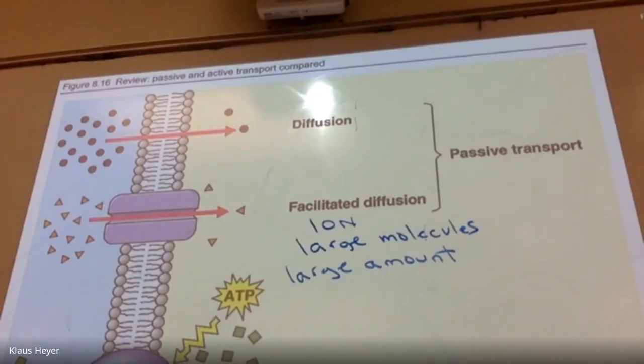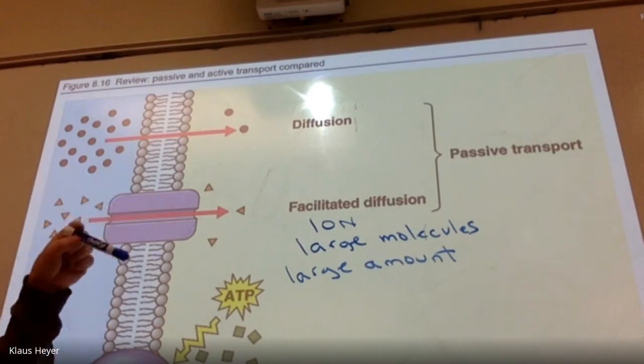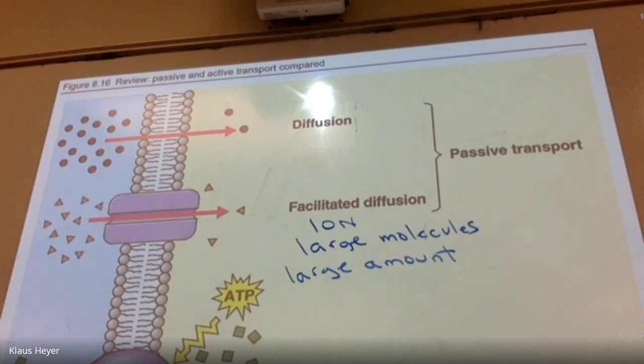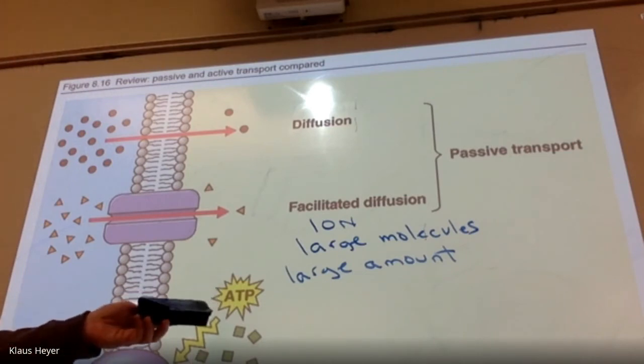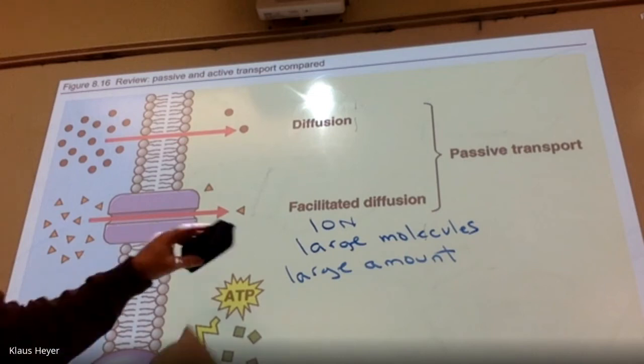Your kidneys move a lot of water. So they've got special proteins called aquaporins, and that moves a lot. All right, so that's a quick introduction. And then, of course, active transport is going to use energy, but we'll talk about that next class.